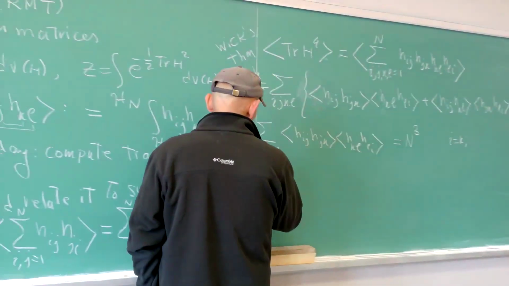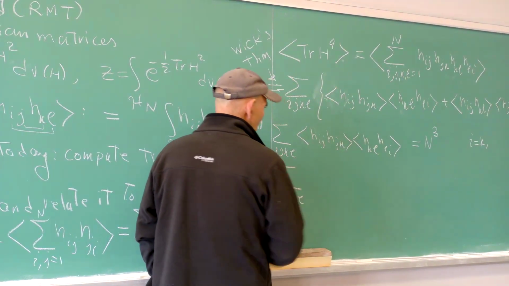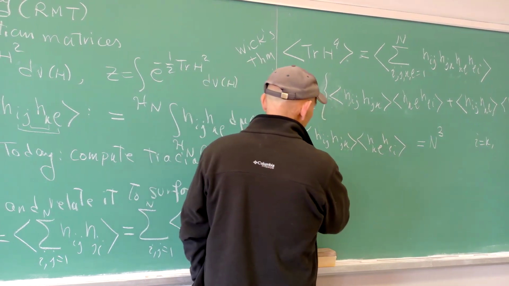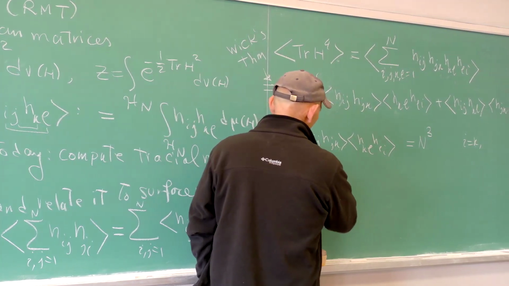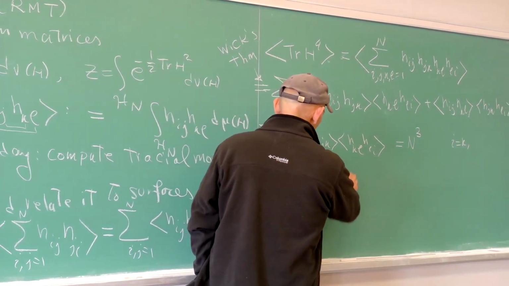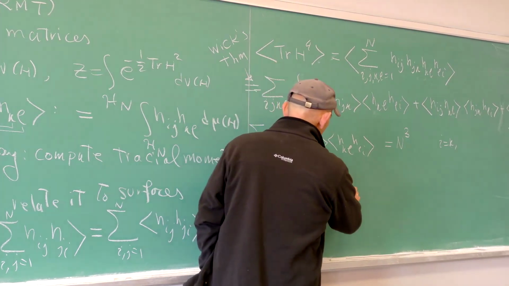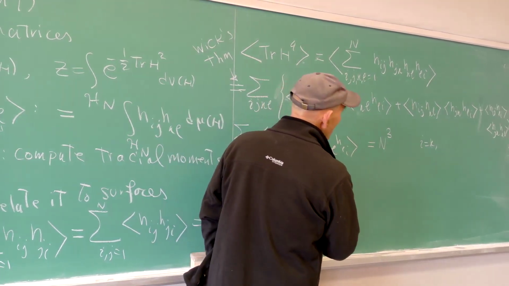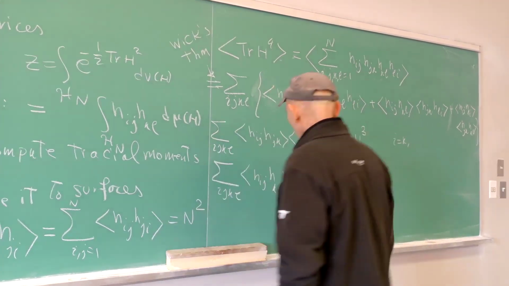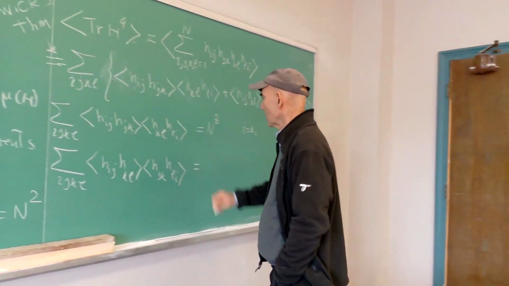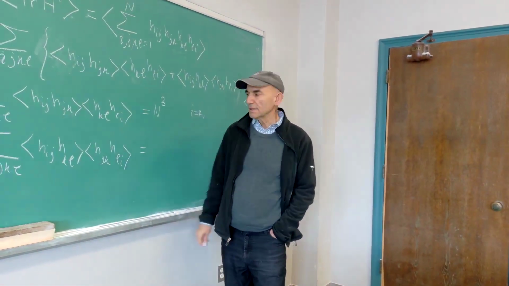Now let's look at the second one. Sigma IJKL, HIJ, HKL, and then HJK, and then HLI. Let's see when this is non-zero this time.